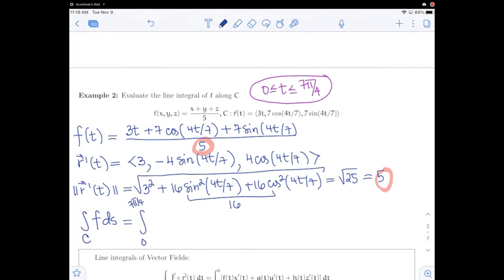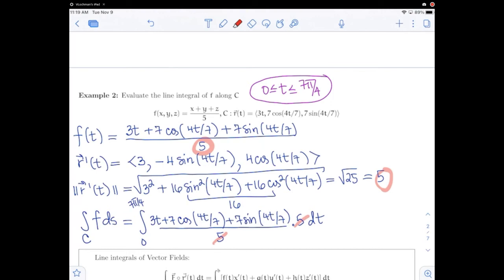And now I have 3t plus 7 cosine of 4t over 7 plus 7 times sine 4t over 7 divided by 5 times 5 dt. Okay, that 5 is gone, and now I have a very simple integral of just one variable t that goes from 0 to 7 pi over 4.